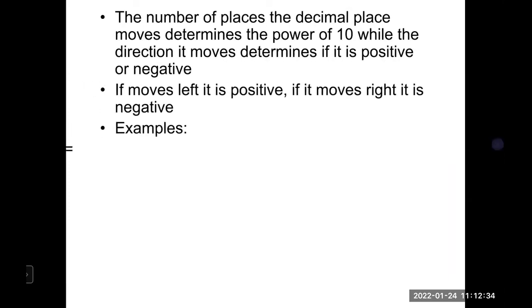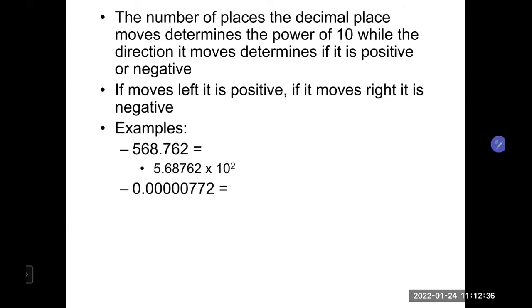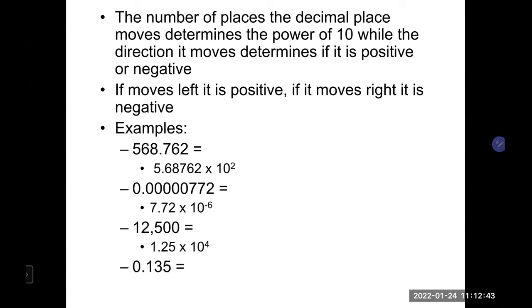So let's take a look at some of these examples and see how to put these into scientific notation and how we get there. For example, here, we want to go 2 places to the left.